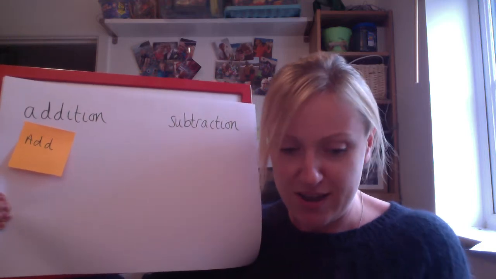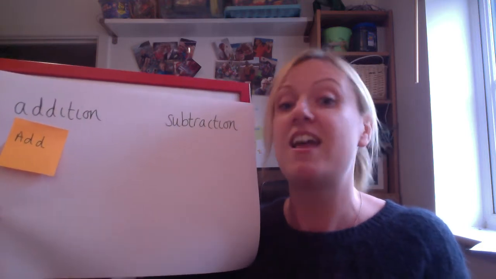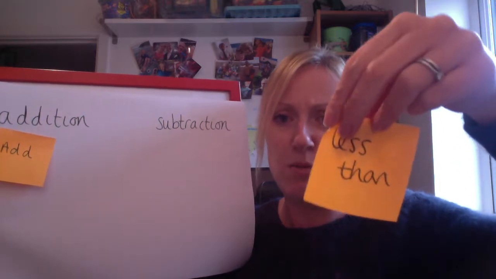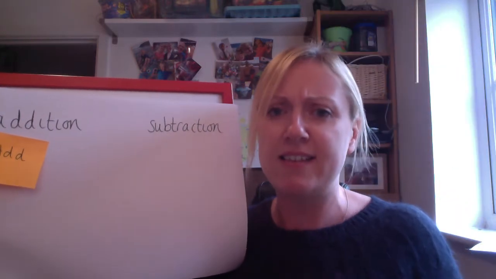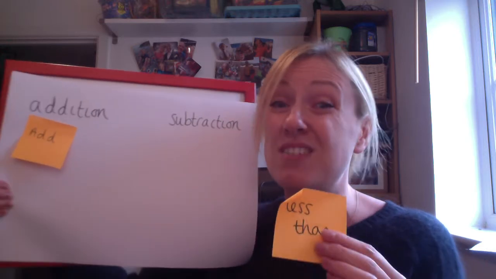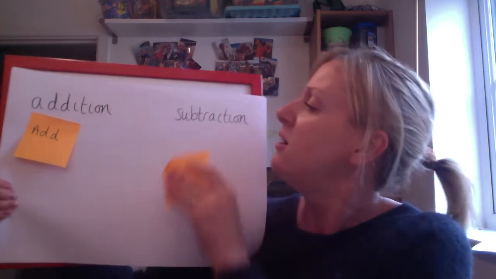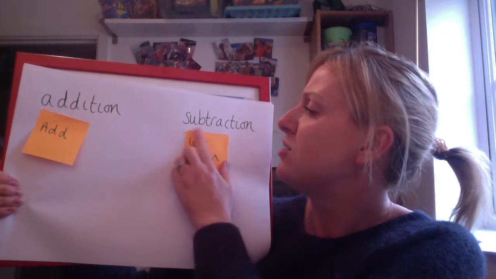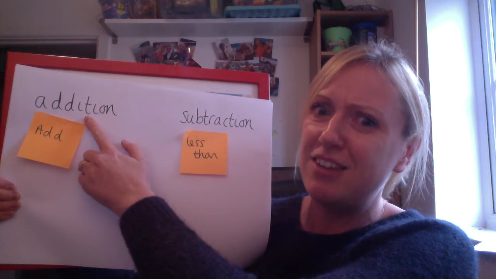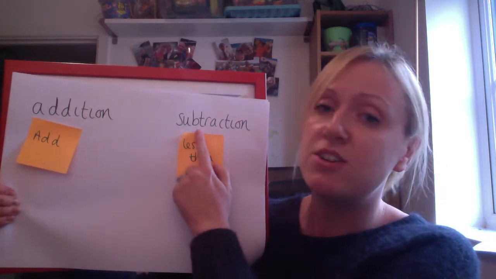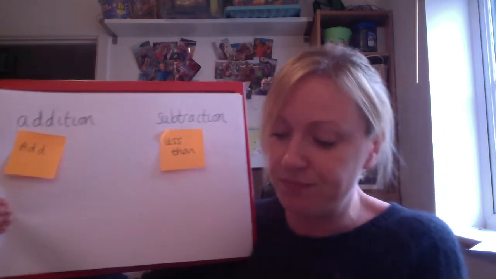The next one I've got here is the word less than. It says less than. I think if we have the words less than, we're going to end up with a smaller number at the end, which means it's going to go in subtraction. Hopefully we're remembering that addition gives us a bigger number and subtraction will give us a smaller number.